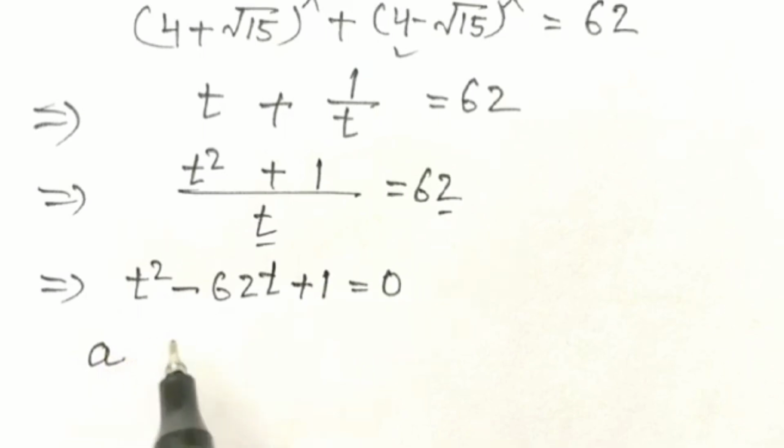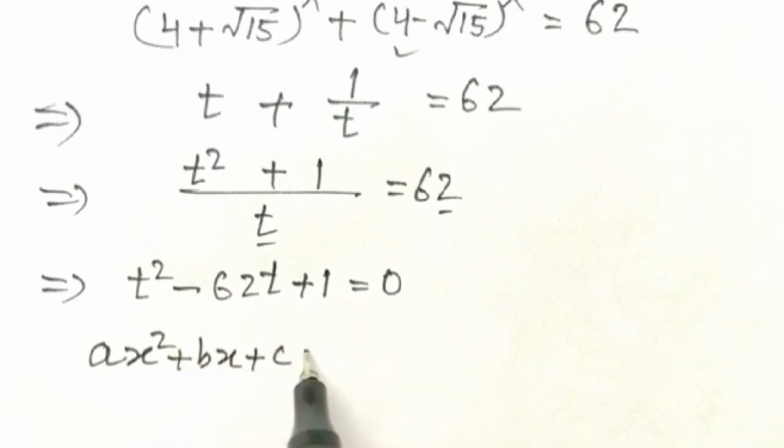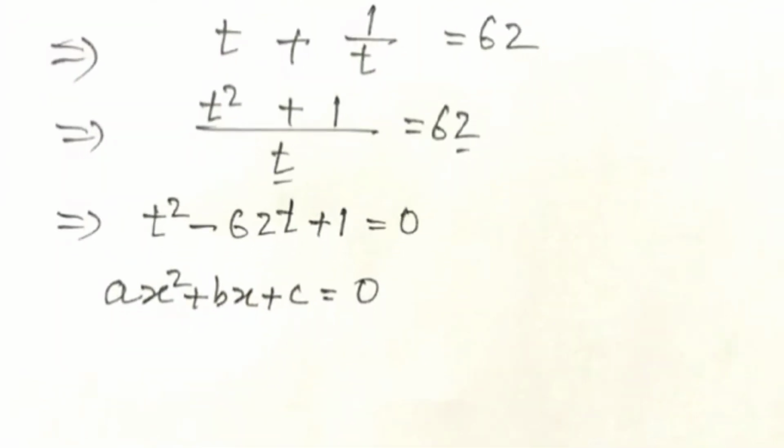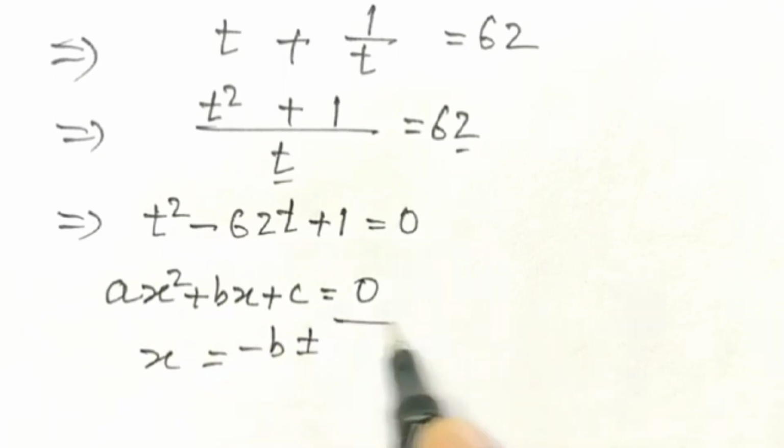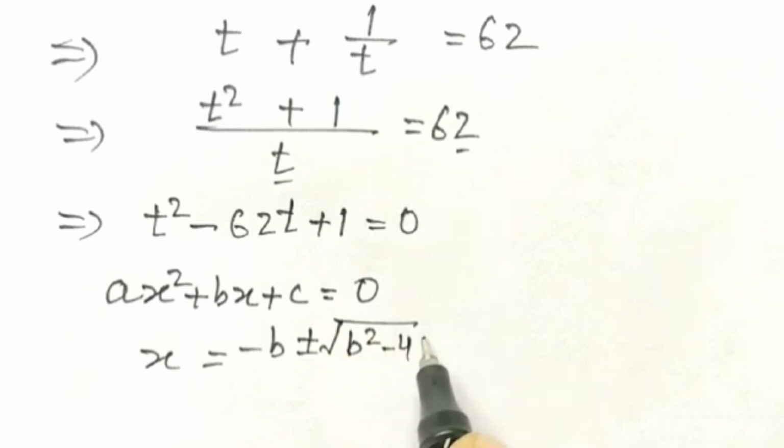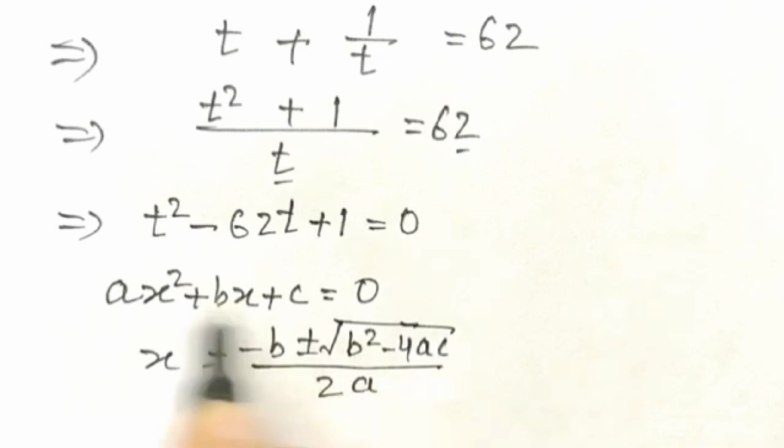If we compare this with the standard quadratic equation ax² + bx + c = 0, then x will be equal to (-b ± √(b² - 4ac)) over 2a.